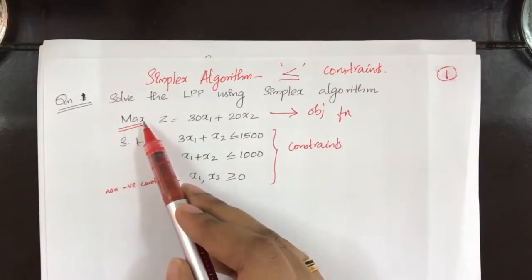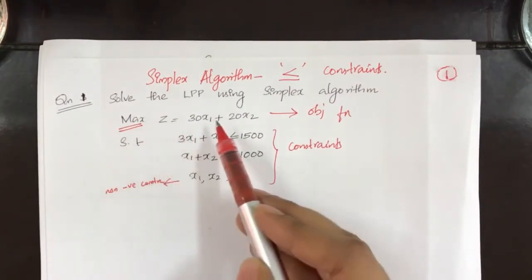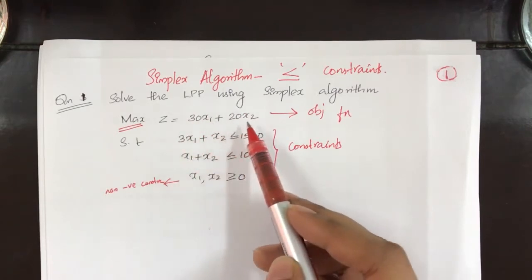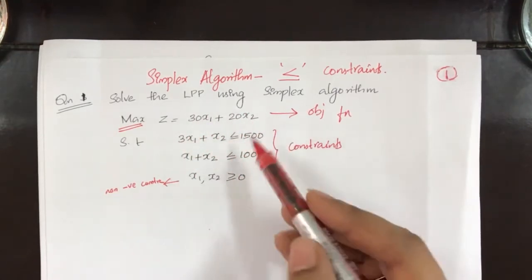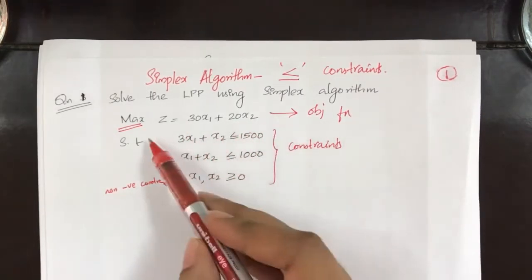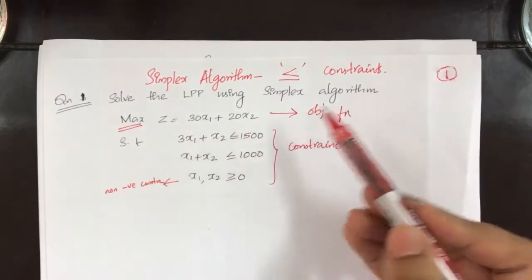So minimize Z becomes maximize Z, and 30x1 plus 20x2 becomes minus 30x1 minus 20x2. If a question comes like that, we can discuss it in further questions.